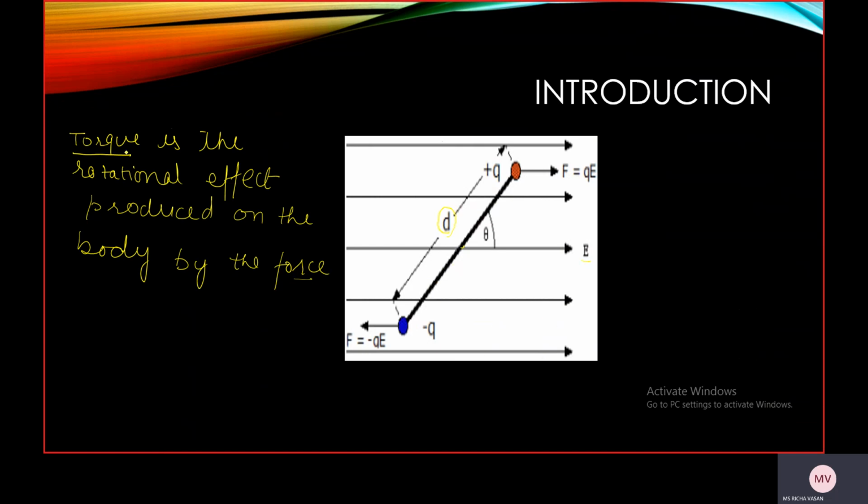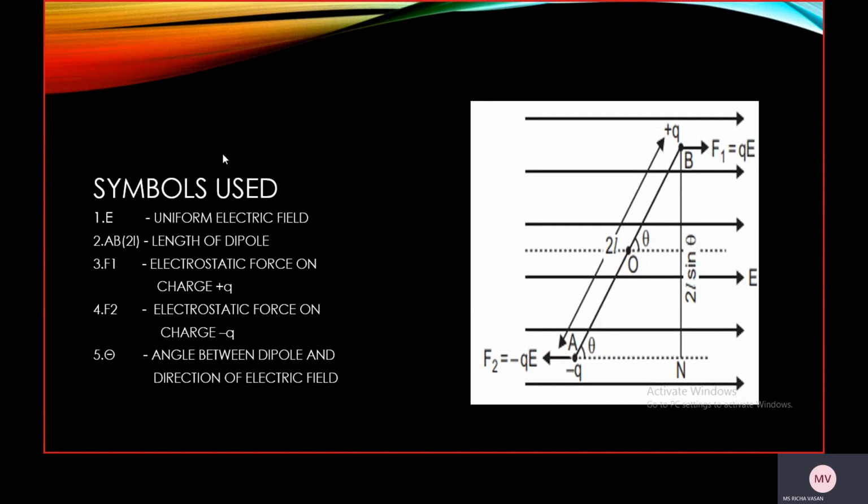So now let's study what will be the formula, what will be the derivation of this torque, and how will we derive it. So here we will consider an electric dipole, which is again the two charges which are having same magnitude but opposite sign, that is minus q and plus q.